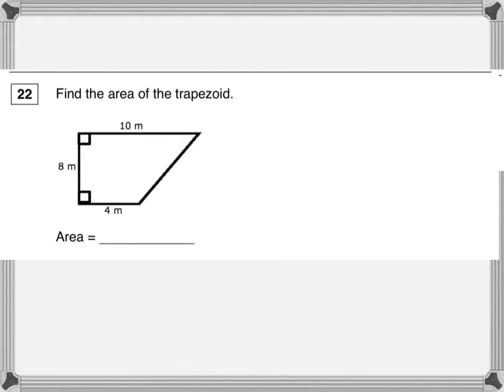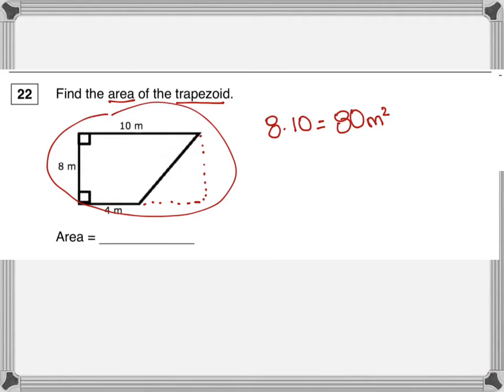All right, problem 22. We are going to find the area of the trapezoid. So what I'm going to do is I'm actually going to draw an imaginary rectangle and find the area of that, which would be 8 times 10 equals 80 meters squared. So that's how big it would be if I looked at this whole rectangle.